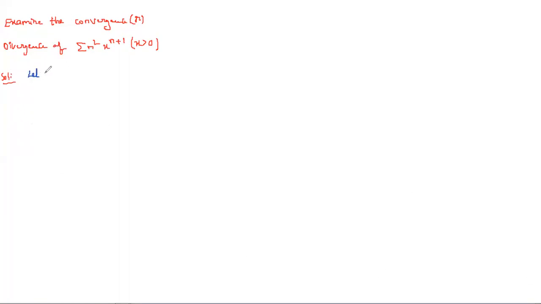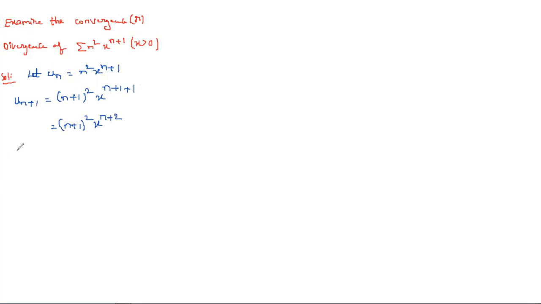So first we can choose the given series and compare it. Let summation u_n be that, and u_n we can choose as n square x power n plus 1. And immediately you have to choose u_{n+1}. So u_{n+1} is nothing but we substitute n plus 1 in place of n. So (n plus 1) whole square, and x power (n plus 1) plus 1, that is n plus 2.